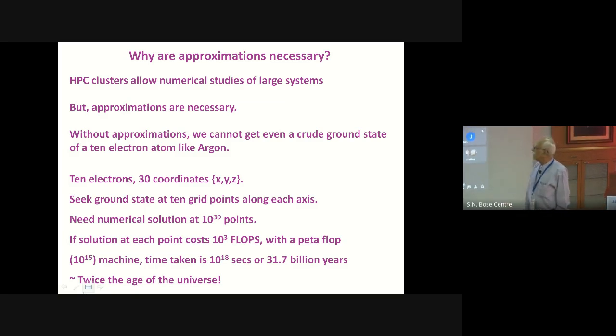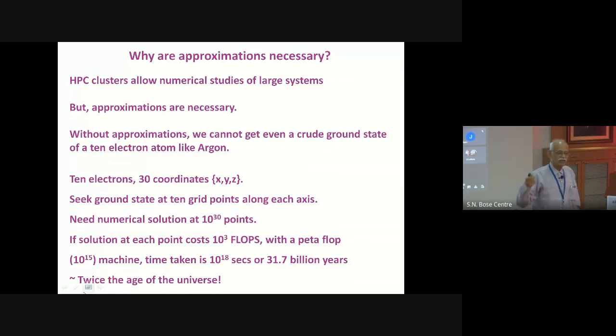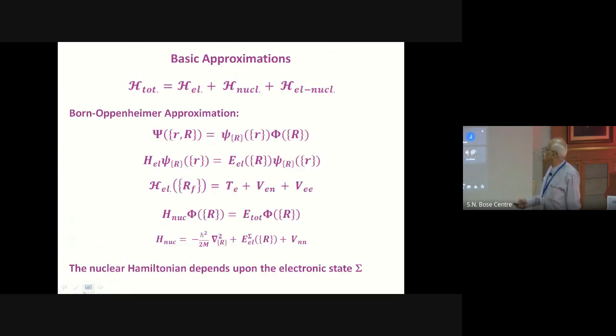Let's assume that each solution takes about 10 to the power 3 floating point operations, then with a petaflop machine, which is a 10 to the power 15 flops machine, the time taken is about 10 to the power 18 seconds. 10 to the power 18 seconds is 31.7 billion years. So it will take you billions of years to get one of the crudest solutions for the electronic wave function of the argon atom. So it is not possible to do without approximation. Approximations are a part of life, and without them, you won't be able to go anywhere.